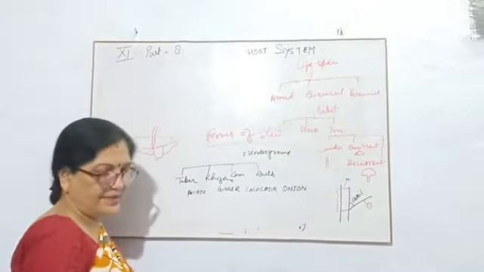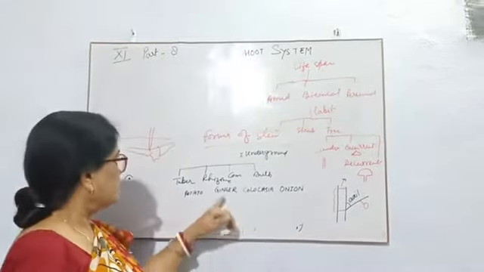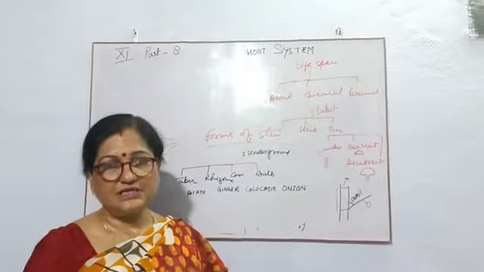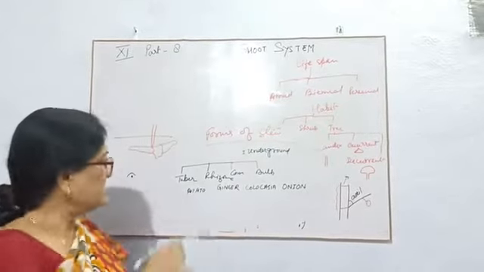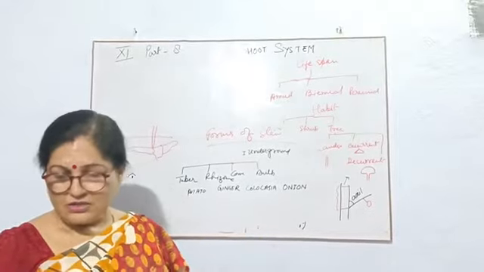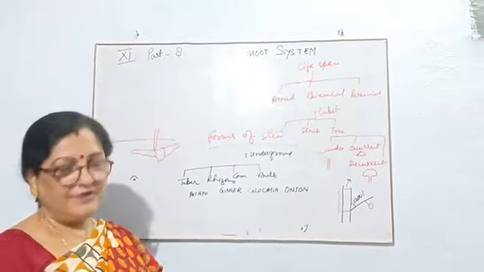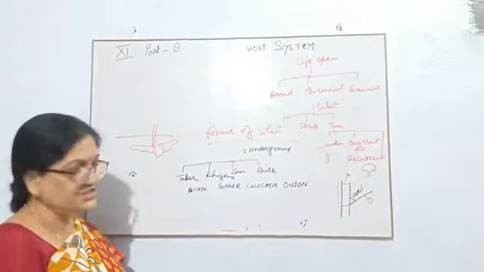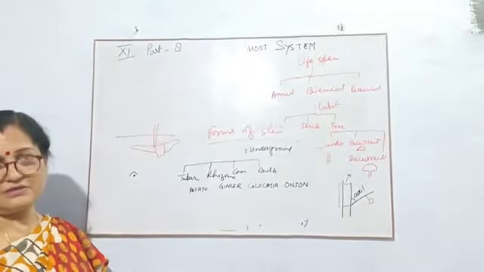Then corm. You have seen colocasia, in Hindi it is arvi. So this is the corm. Corm has a condensed, or you can say stout, solid, fleshy stem, and more or less they are rounded.